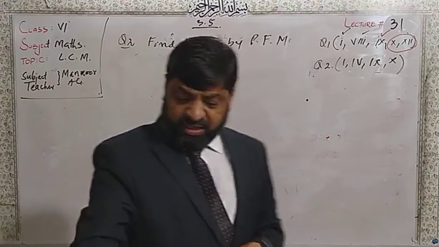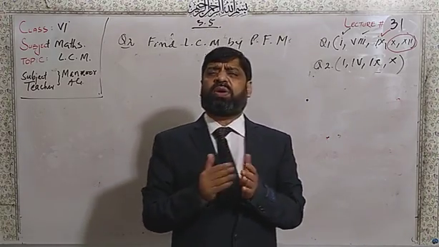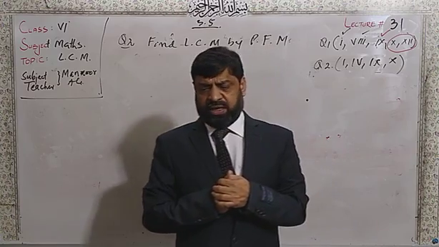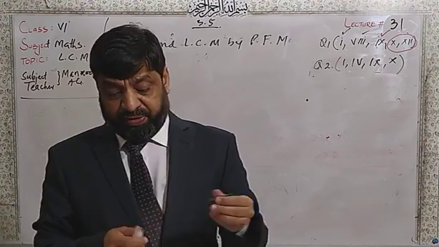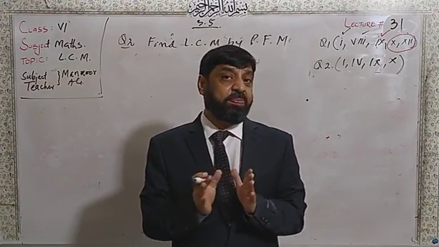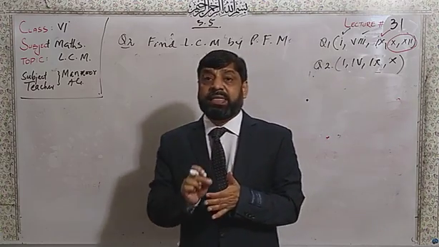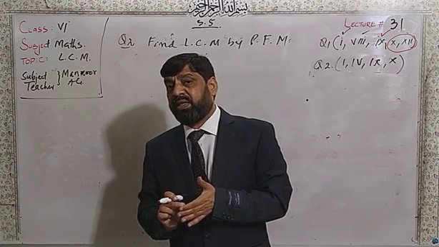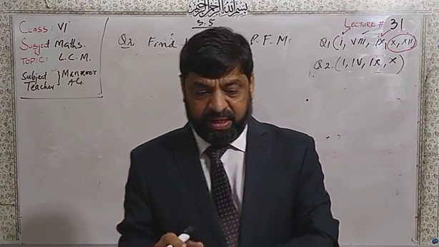Yes, so today we are talking about the LCM, and actually LCM is the product of the common and uncommon factors. So we will select the number whose maximum power contains common and uncommon factors. Maximum power.